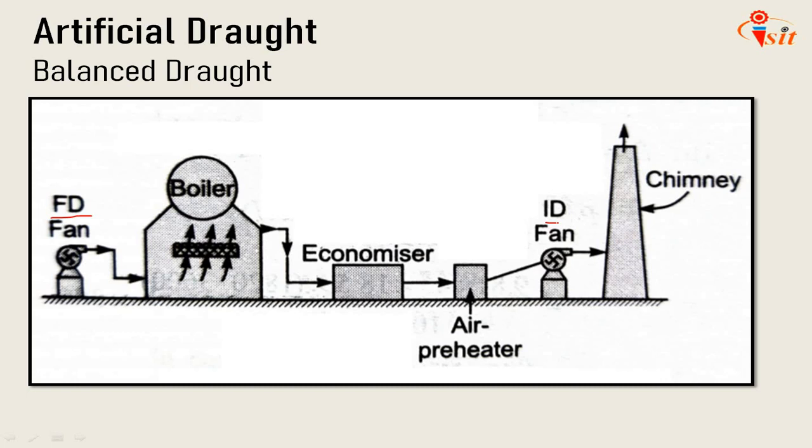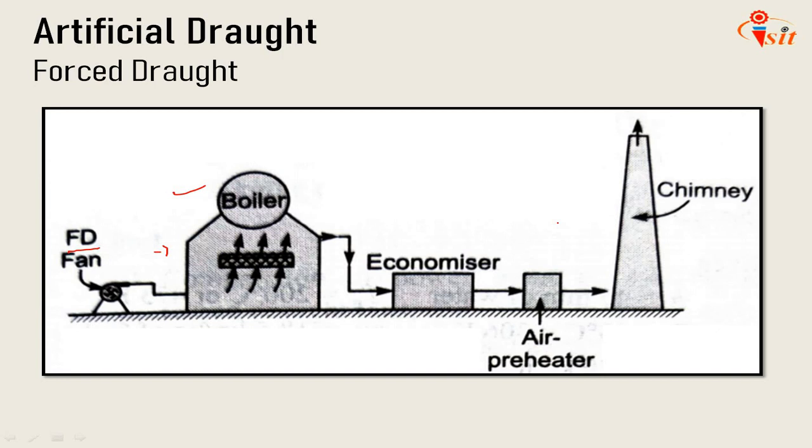There are certain advantages of forced draught over induced draught. Forced draught fan does not require water-cooled bearings. Tendency of air leak into the boiler furnace is reduced due to FD fan.